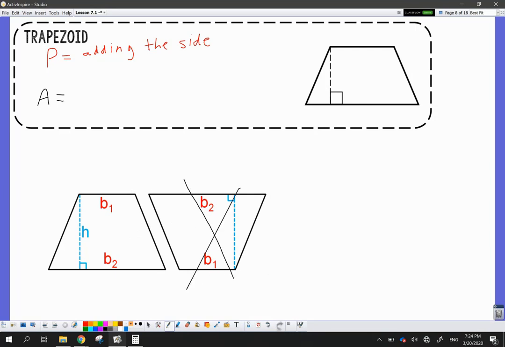Now recall the area of a parallelogram. Area of a parallelogram is just base times height, right? And our height is still the same, but look at our base though. Our base for a parallelogram was split into two pieces. So instead of just one B here, now we actually have two B's.